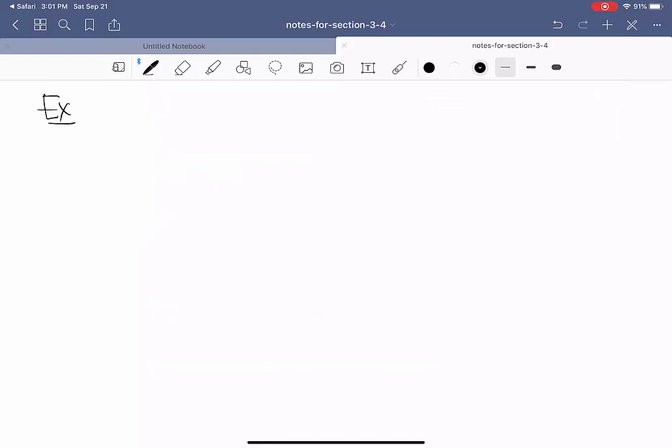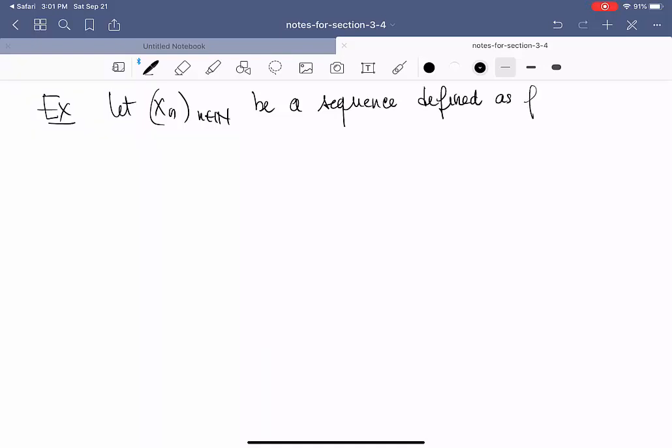As a result, let xn be a sequence defined as follows. Xn is negative 1 to the power n times 1 plus, let's say, 1 over n.